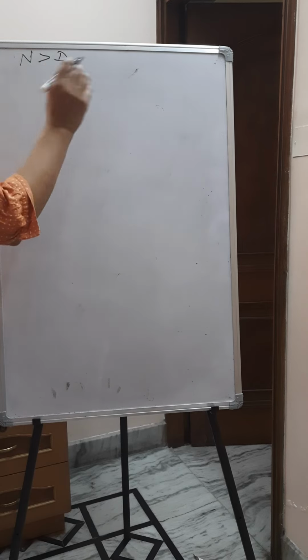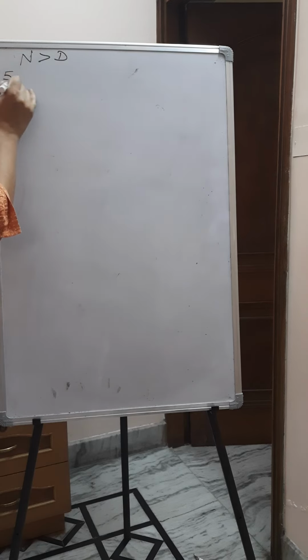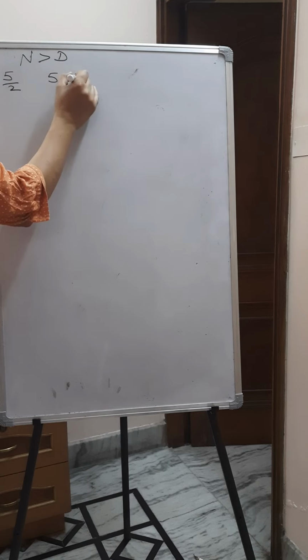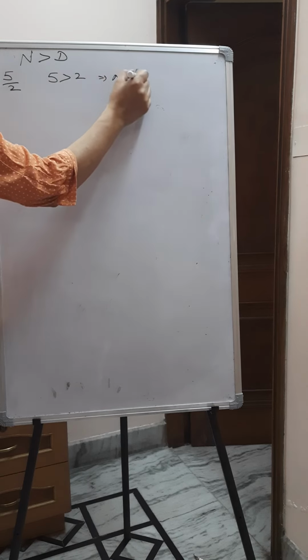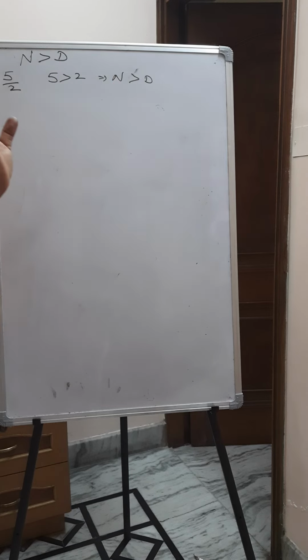Let us take the first question, 5 over 2. 5 is greater than 2, so numerator is greater than denominator. And you also know there is no sign, it means sign is positive.